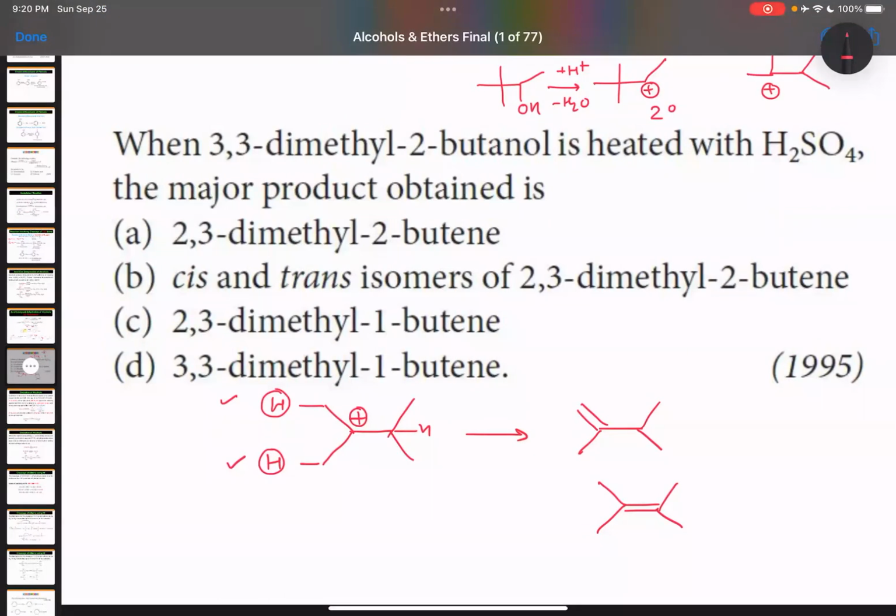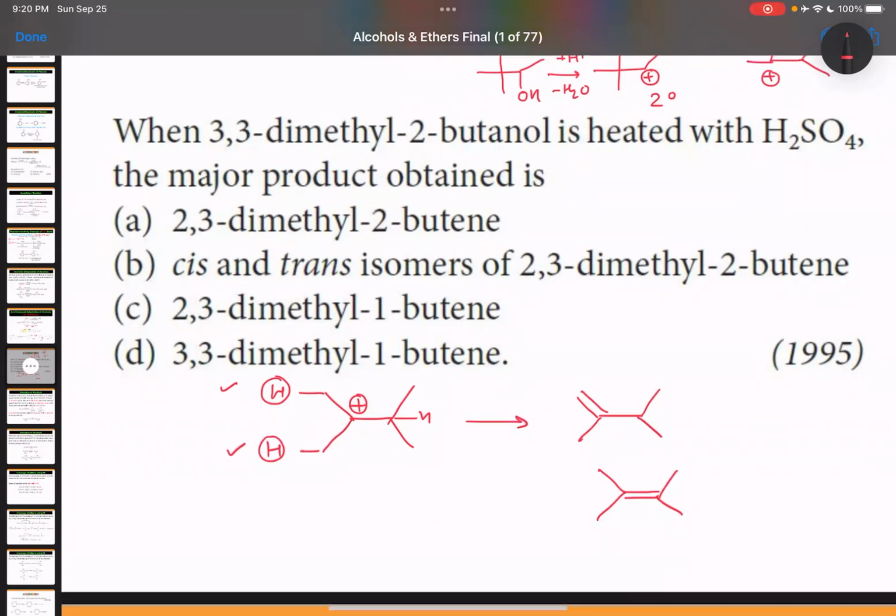So which is going to be the major product? Tell me. The upper one or the lower one? There is a rule just like the addition of HBr. There was a rule which governed the addition of HBr, and there is a rule which governs the formation of an alkene.